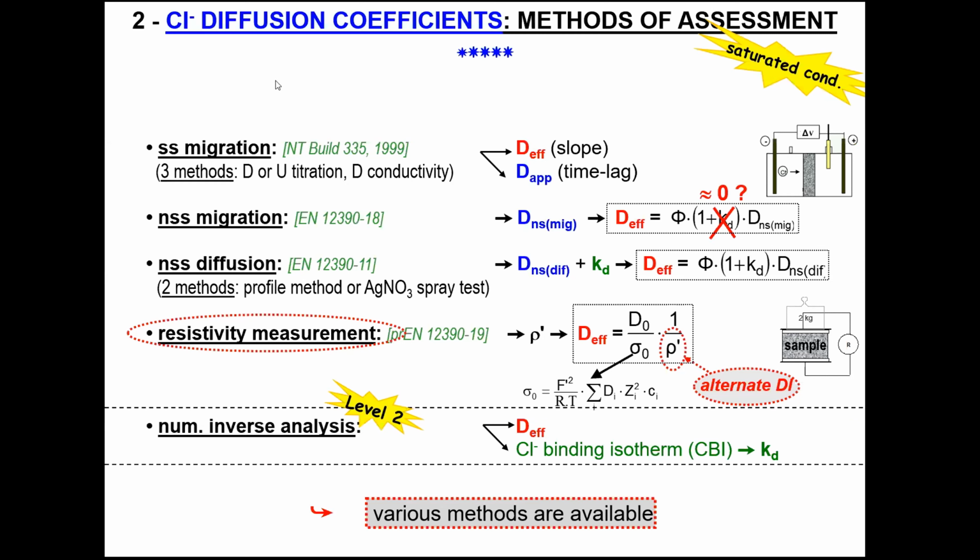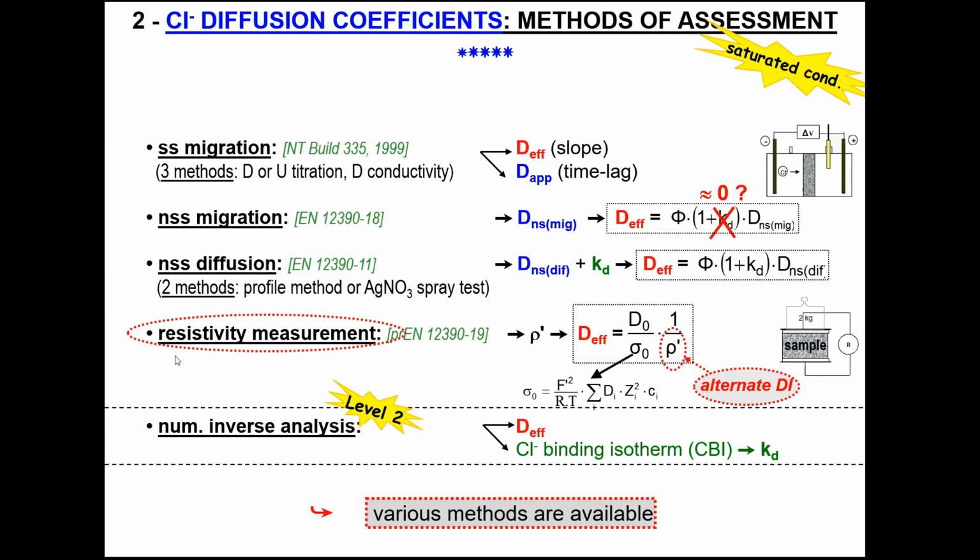It is now well advanced, because some years ago we didn't have so many standardized test methods, but now we have. In particular, maybe the most used test is this one. This is the non-steady state migration test covered by these standards. But you can also use the non-steady state diffusion test covered by this European standard.